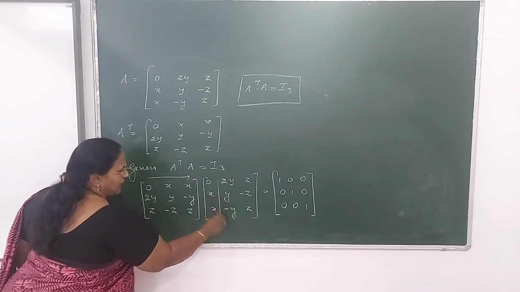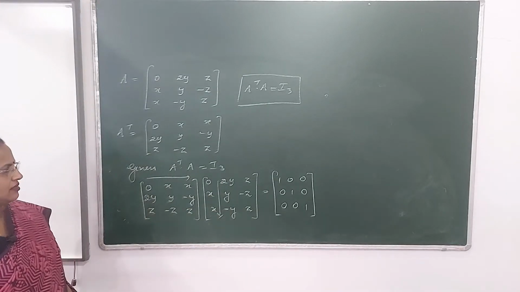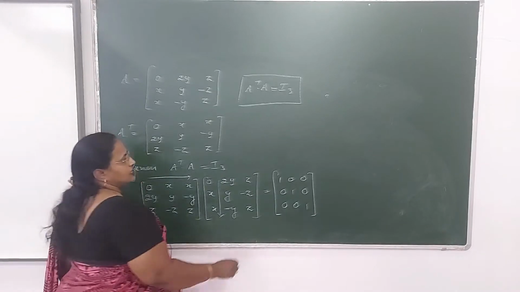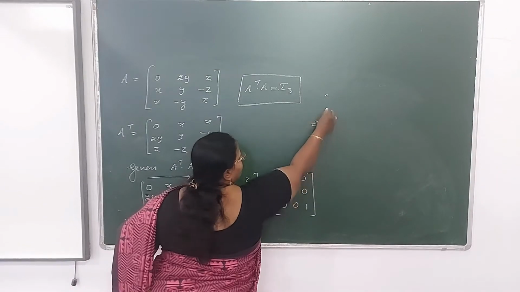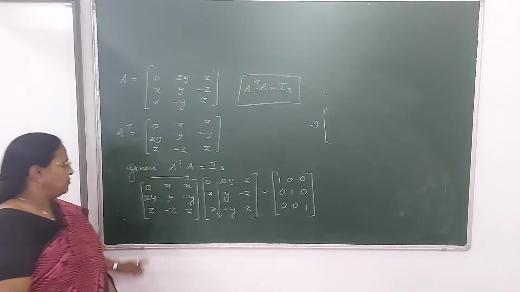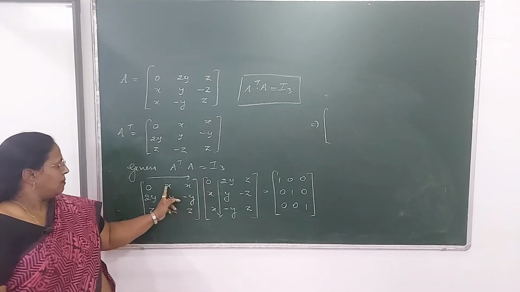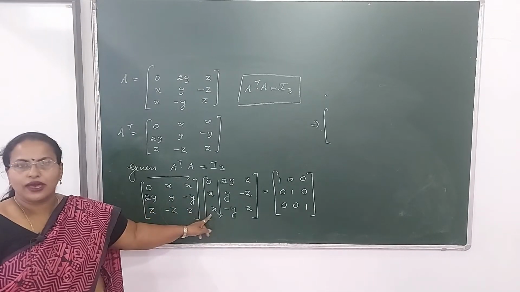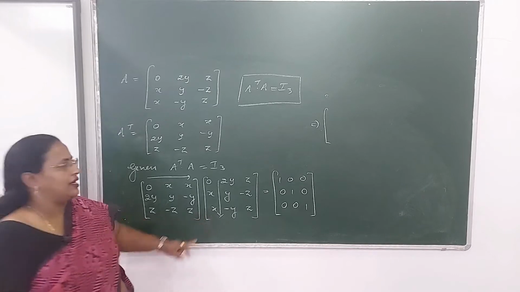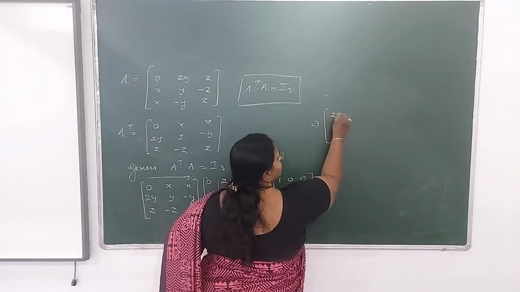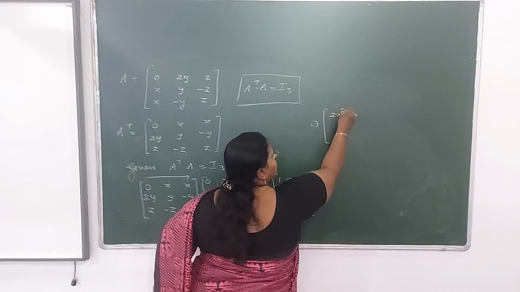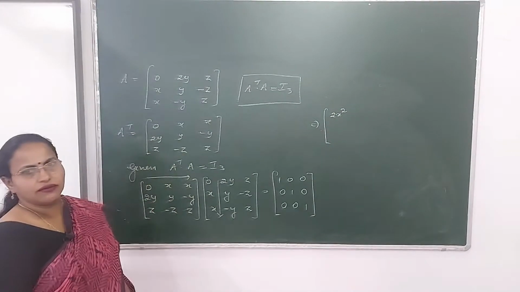Row will be multiplied to the column of the second. So 0 into 0 plus x square plus x square. So final result I am writing. So here the first row, first column element will be 2 times x square.